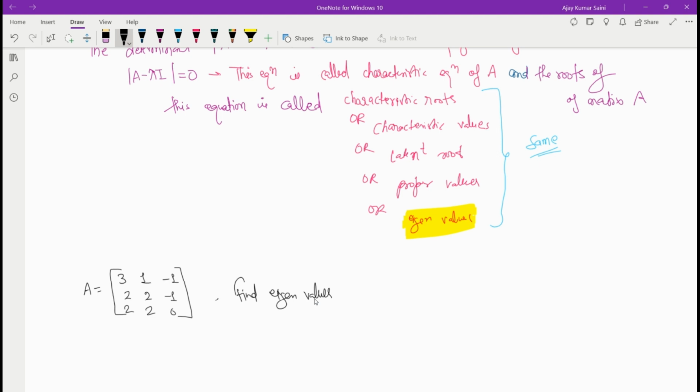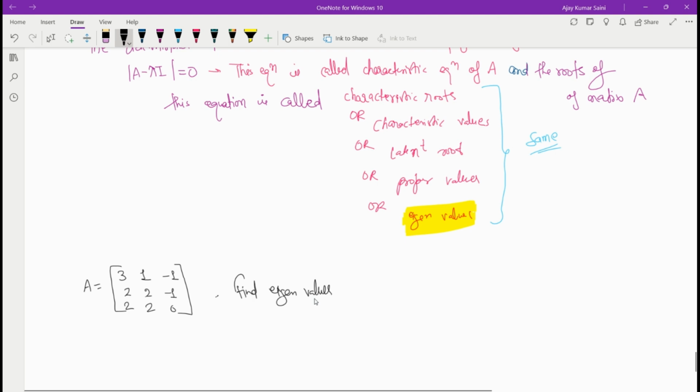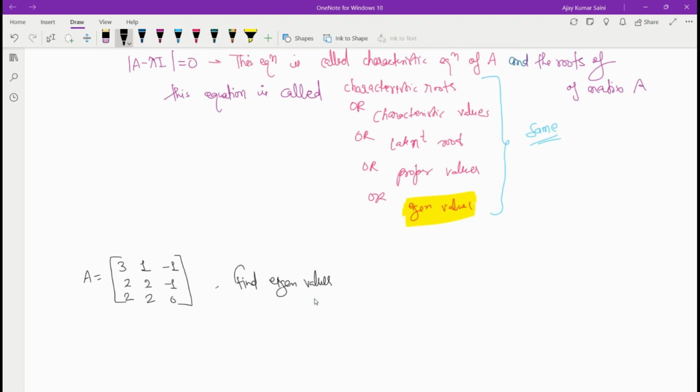So here what do I need to do. First I need to do A minus lambda I. Okay, so see here now.